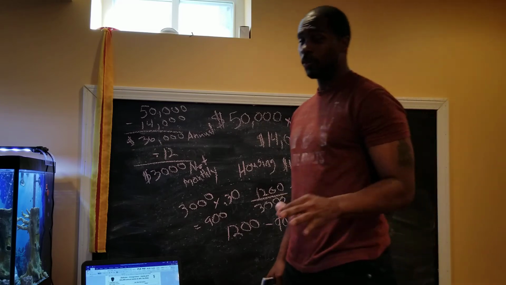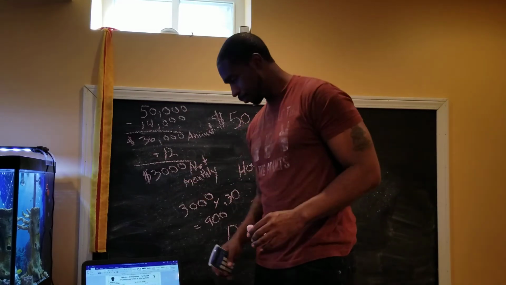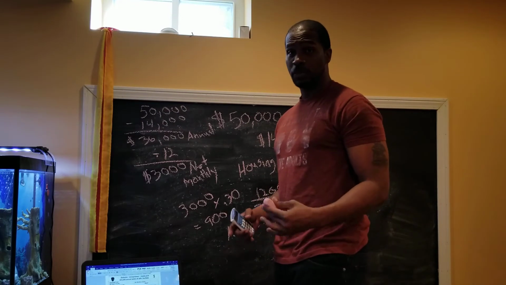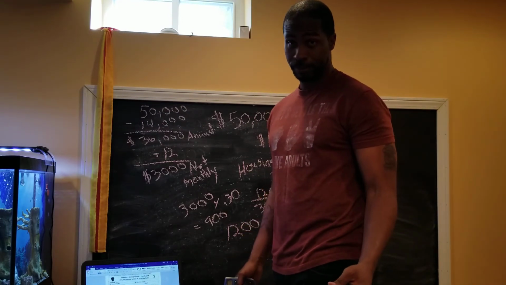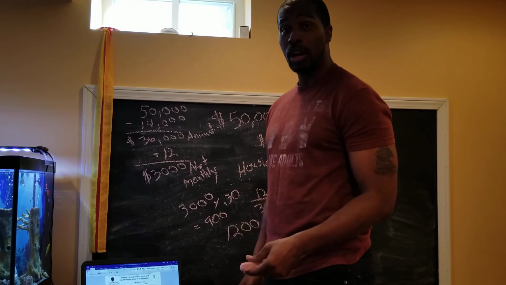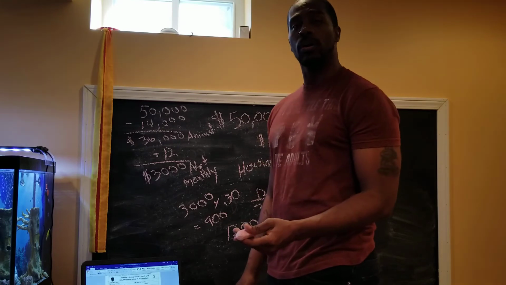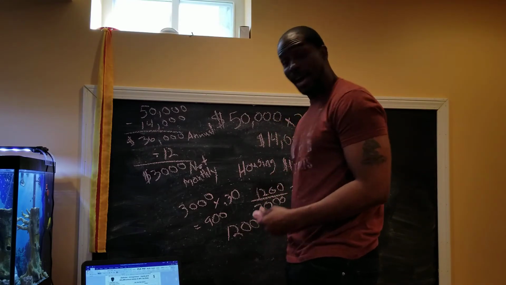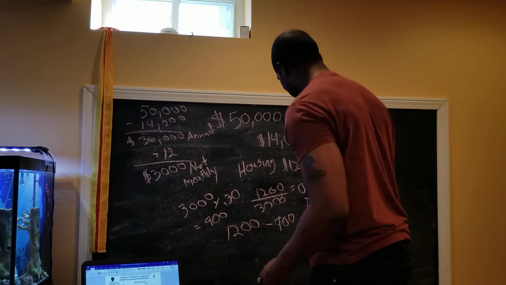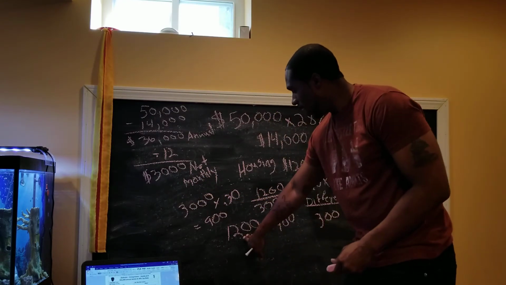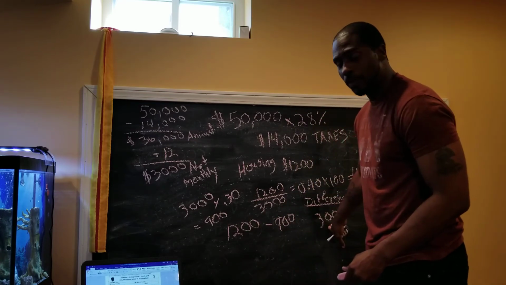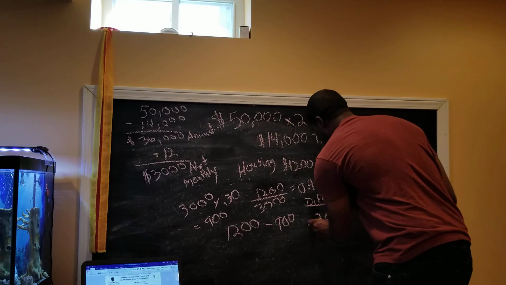Now, you have to really think about it a little bit. If I budgeted for $900 to spend on my mortgage or my rent, but it actually cost me $1,200, did I spend more or less? Well, I spent more money. So $1,200 is my actual. I budgeted for $900. I spent $300 more. The difference is $300, but that's a negative.